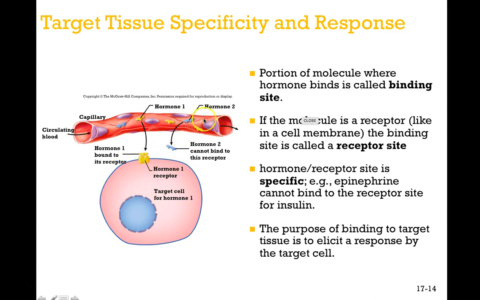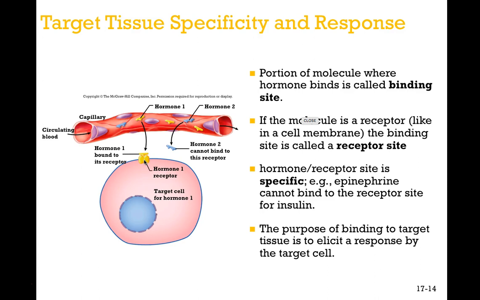Whereas this other hormone that's traveling through, if it attempts to leave the capillary and bind to this hormone receptor, it cannot, because it is not the correct conformation to match this specific receptor. And this is how we're going to get specific cell responses.